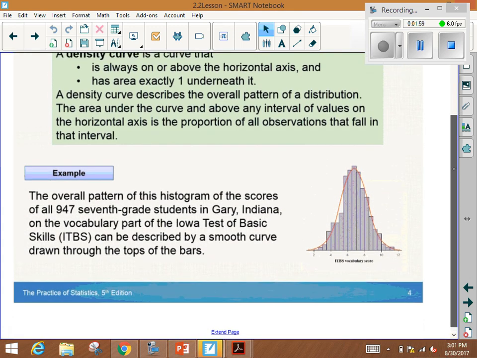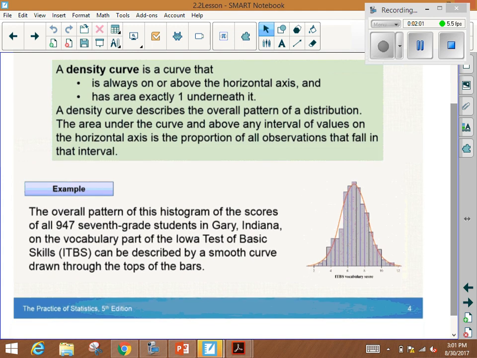All right, if we were to look at this particular histogram, okay, it can be described by a smooth curve. It looks approximately symmetric as well.